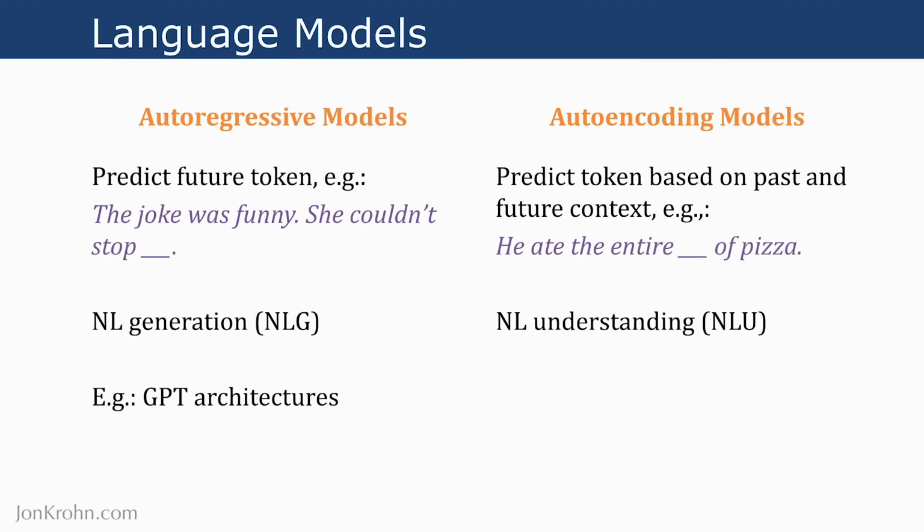This makes autoencoding models more efficient at natural language understanding. While natural language generation models also have to do encoding, they tend to be less efficient relative to a model that is designed to autoencode specifically. The BERT architectures are a great example of this kind of model.